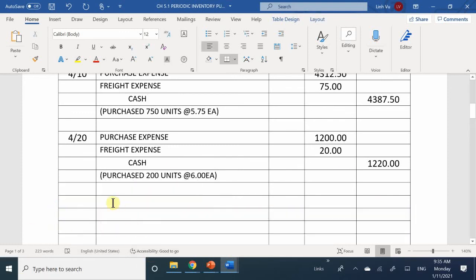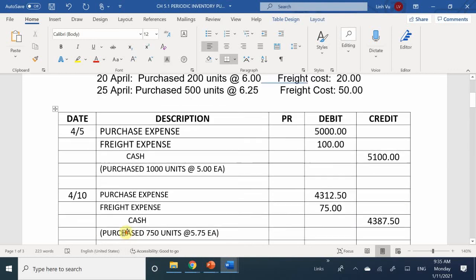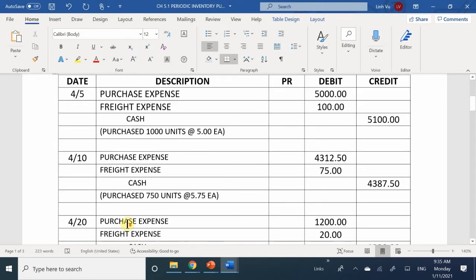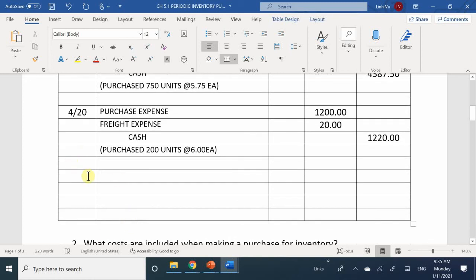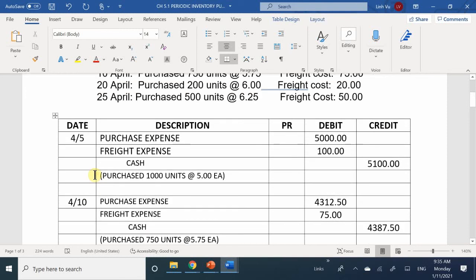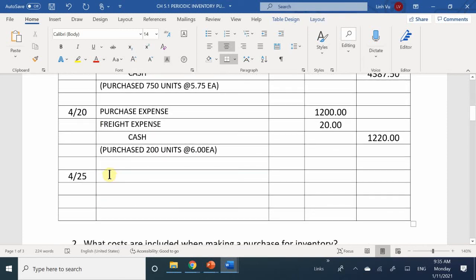Now, last but not least, we have on April 25th, you purchased 500 units at $6.25 each, and my freight was $50. So how am I going to journalize this? Did I say the 25th? Yes, I did. 25th, okay.